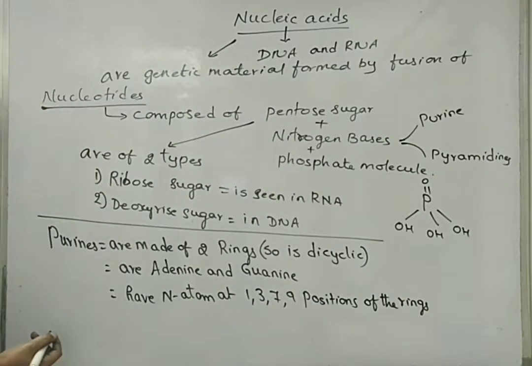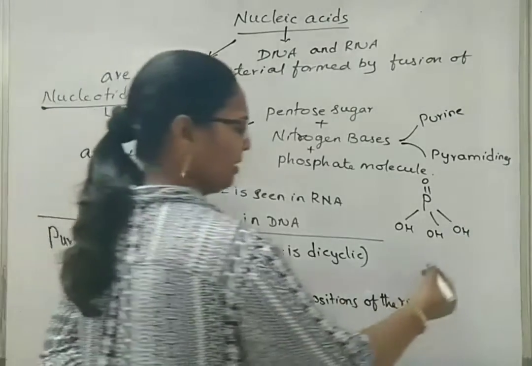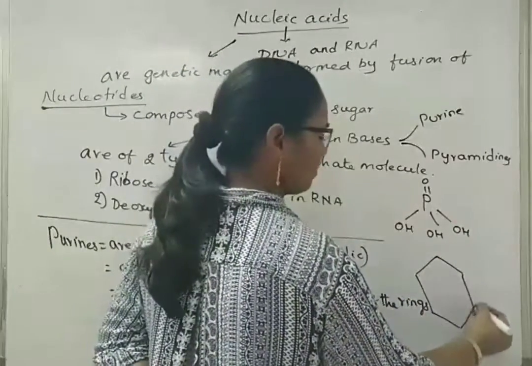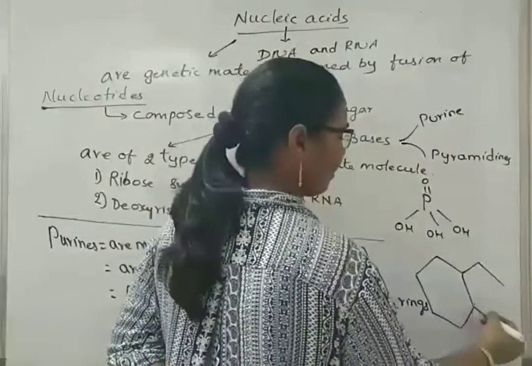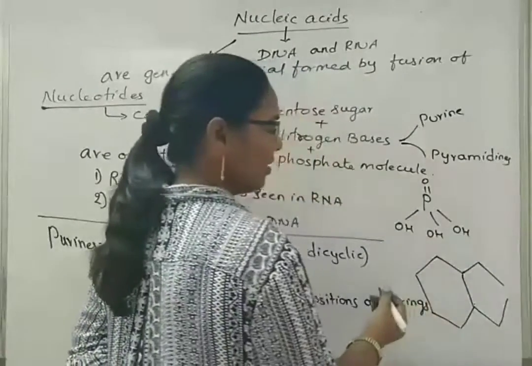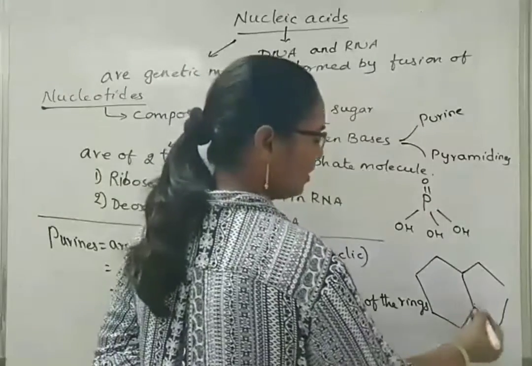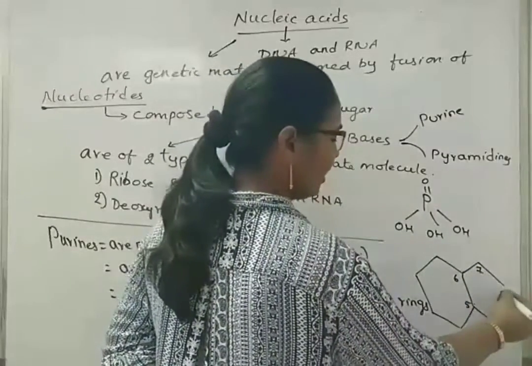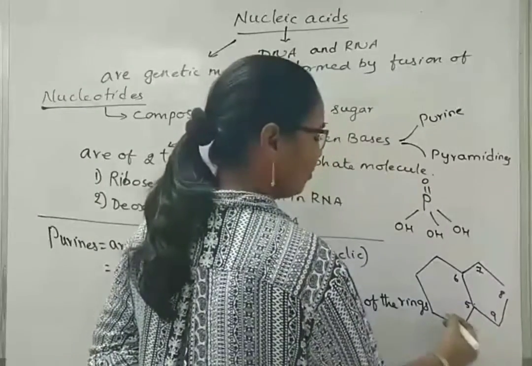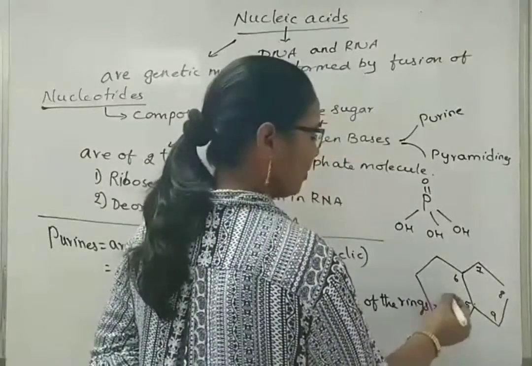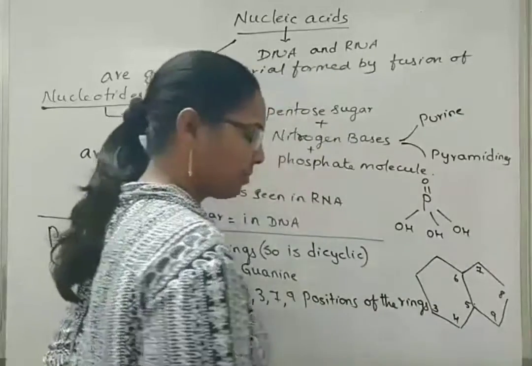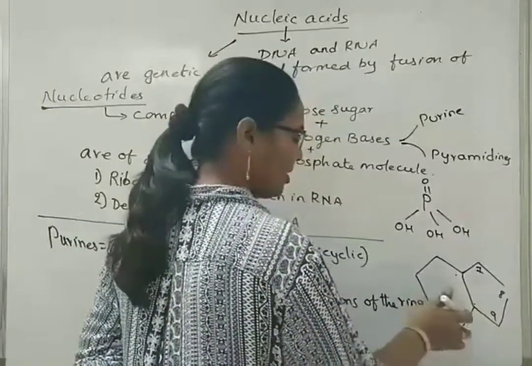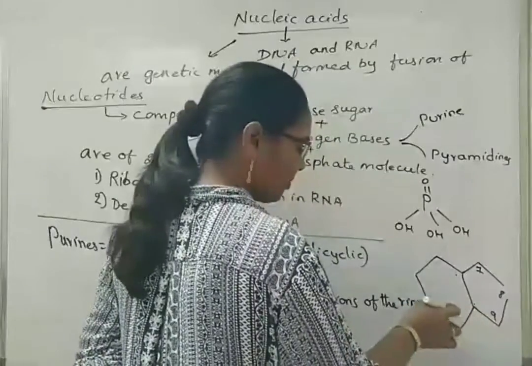If you see the typical structure of a purine, it will be like this. We will give the numbering 1, 2, 3, 4, 5, 6 in case of purines.